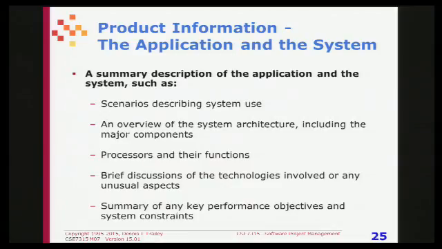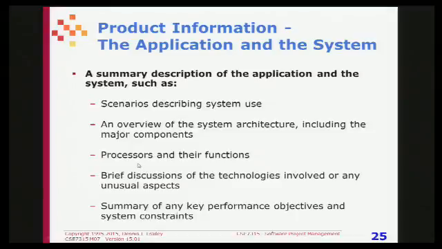The product information, the main thing you want in your plan is enough information so that the person who's in charge of doing some of the software knows what they're supposed to be building. For example, scenarios describing how the system is used, an overview of the system architecture. What does the hardware look like? What processors are there?